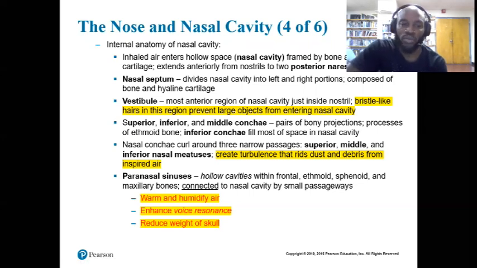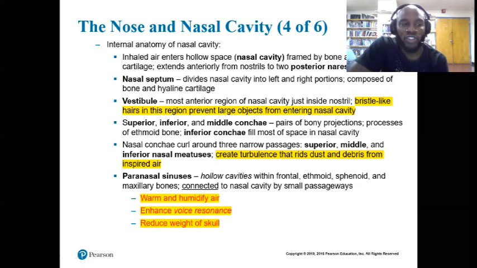Internal anatomy is more what we are concerned with, more so than the outer anatomy. Inhaled air enters the hollow space, your nasal cavity. So inhaled air goes into your nose. You have the nasal septum, which divides your left and right portions.